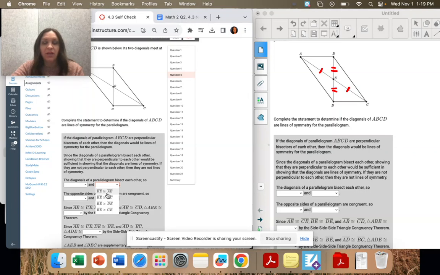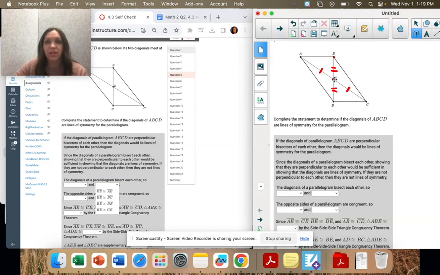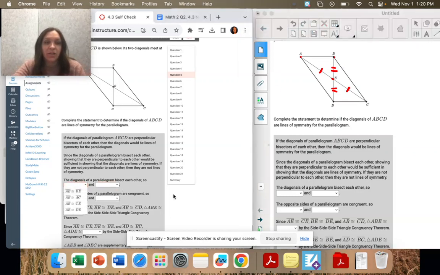So BE and AE, no, you're looking from endpoint to endpoint. So BE, AE. Those are separate lines, they're not congruent. BE is congruent to DE or ED. It doesn't matter which way you go.